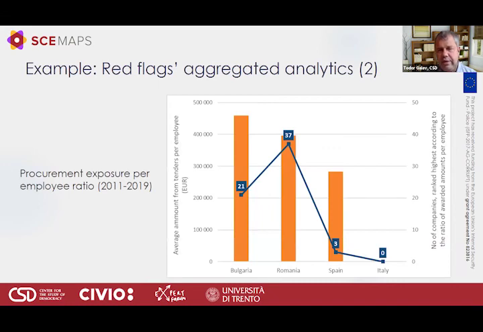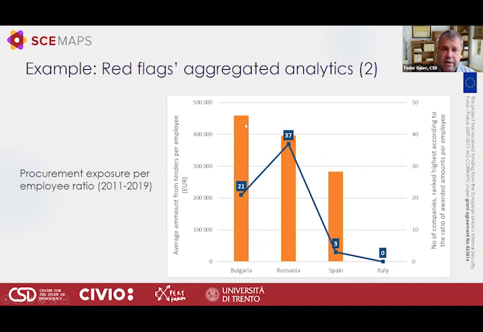Here is another example of this kind of aggregated analytics using the red flag of procurement exposure per employee ratio that I already told you about. On the left side, in the columns, you have the average amount from tenders per employee, and on the right side, with the line, you have the number of companies that rank highest according to the ratio of awarded amounts per employee.